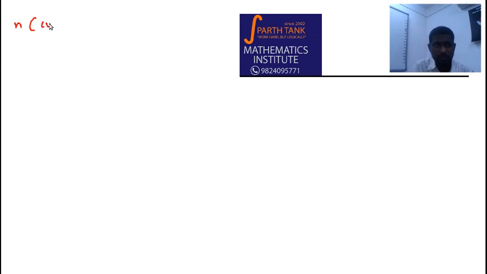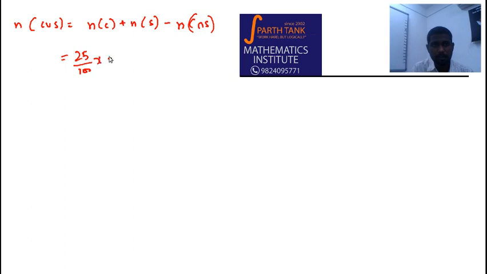N of C union S will be N of C plus N of S minus N of C intersection S. So that gives me 25 by 100x, 15 by 100x, minus 1500.